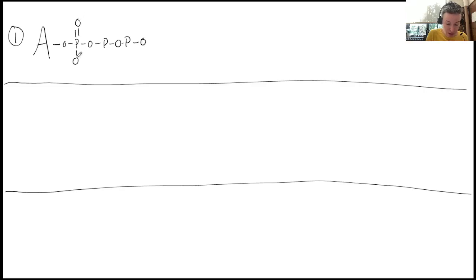I'm starting by drawing out each of these phosphates for ATP, and then I'm going to draw what happens when we cleave one of the phosphates off.